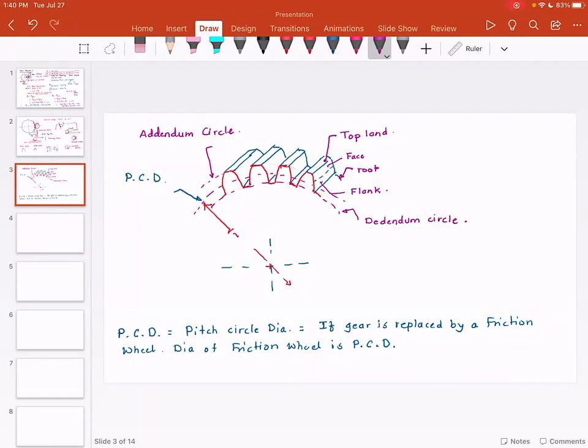Now, the vertical distance between the pitch circle diameter and the addendum circle is called the addendum. So this is called addendum. The distance between the pitch circle diameter and the addendum circle is called the addendum.